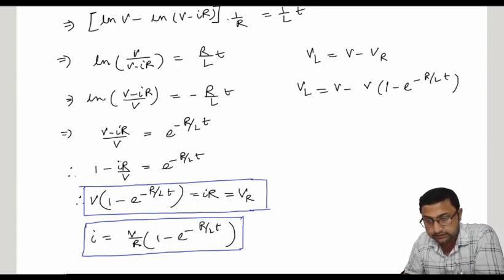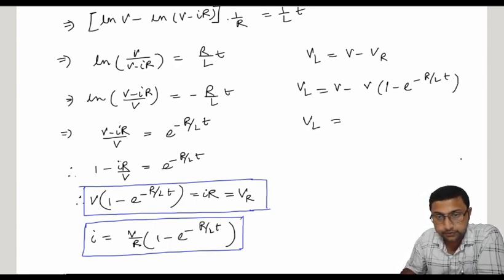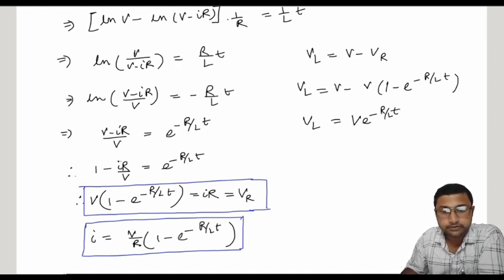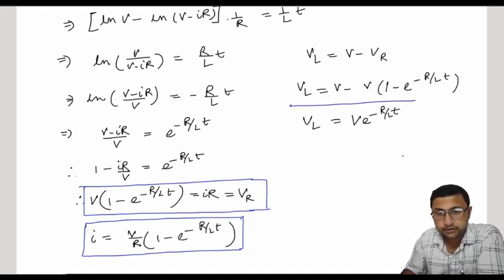So the VL will be V e to the power minus R by L into t. This is the equation of the inductor voltage.